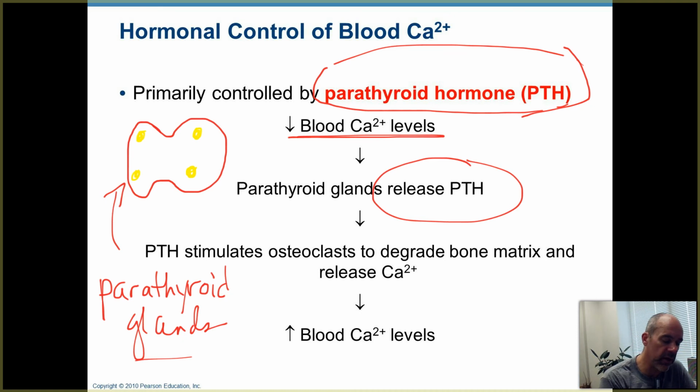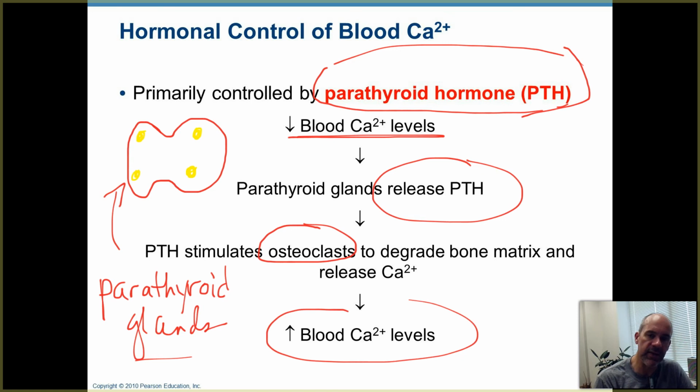One of the things that it targets are the osteoclast cells. So what are they going to do? They're going to dissolve bone matrix, and they're going to release calcium ions from that bony matrix back into the bloodstream and your tissue fluids. And as that happens, you'll have an increase in calcium levels. So your calcium levels come back up.